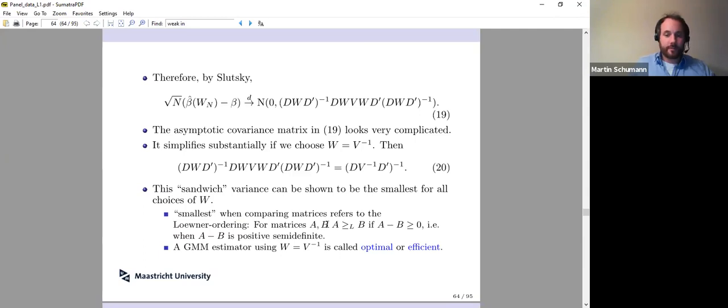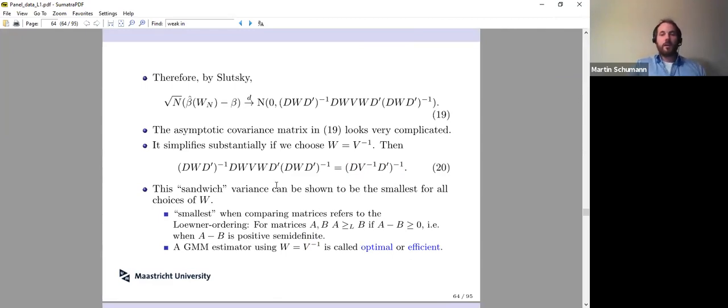If you have two matrices A and B, then A being bigger in terms of the Löwner ordering than B means that if you take A minus B, the resultant matrix will be positive semi-definite. Okay, so because this is really the best variance matrix that you can find, we call a GMM estimator that uses the optimal weight matrix simply optimal or efficient.